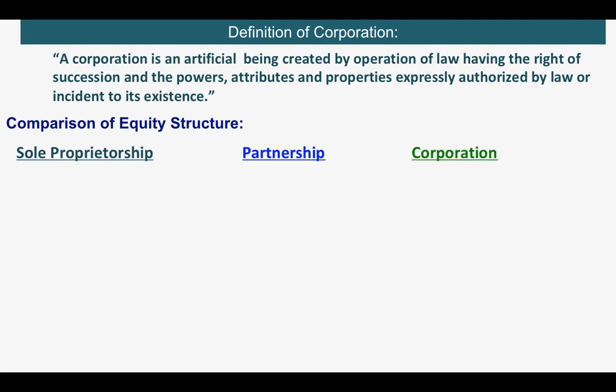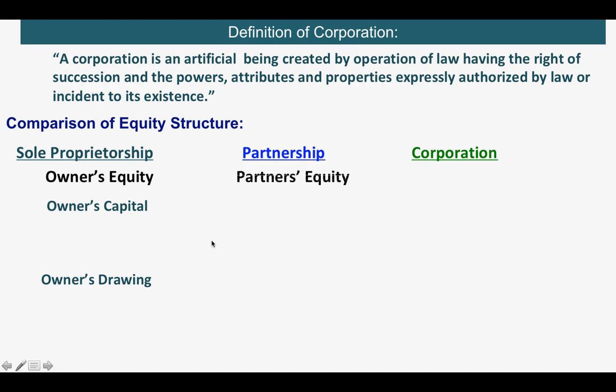partnership, and corporation. Under sole proprietorship, we have learned that the owner's equity consists of the owner's capital and the owner's drawing. And we have learned that profit and loss of the sole proprietorship is closed at the end of the reporting period. It is closed to the capital account of the owner.